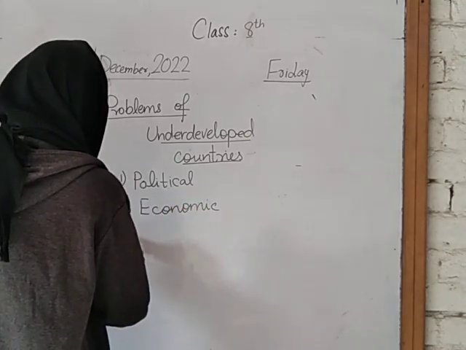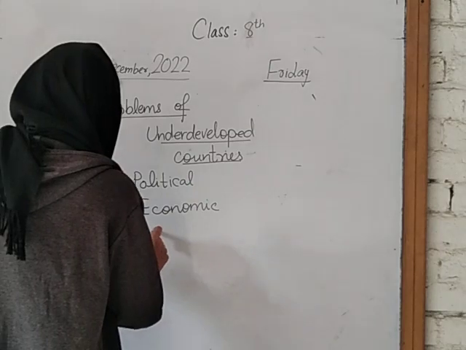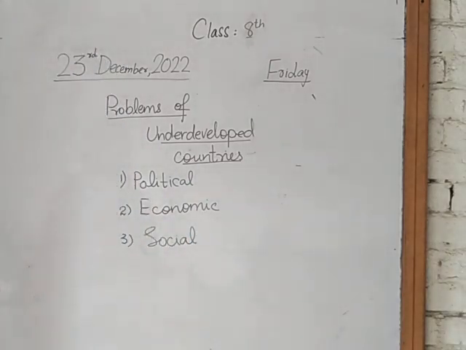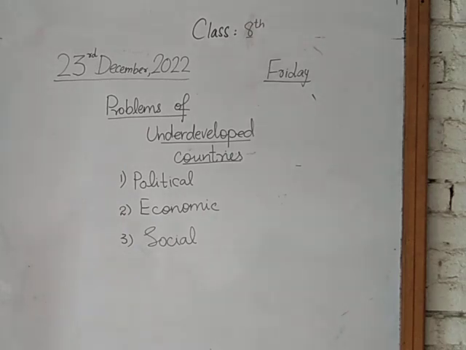Second is economic. And third is social. Now we will further discuss what are political problems, what are economic problems, and what are social problems that are faced by underdeveloped nations.